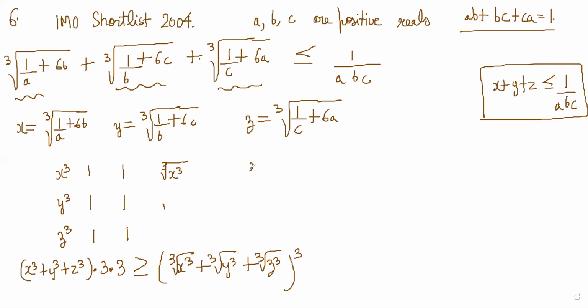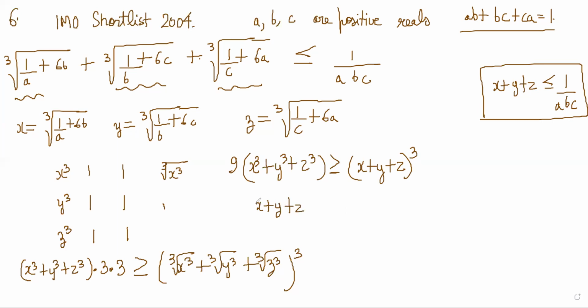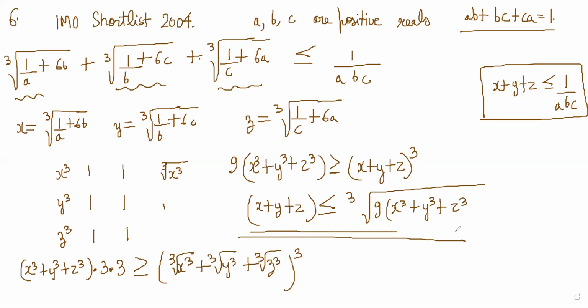So basically x cube plus y cube plus z cube multiplied by 9 is greater than or equal to (x plus y plus z) whole power 3, right? So x plus y plus z is less than or equal to the cube root of 9 times (x cube plus y cube plus z cube). This is the inequality we have gotten from Hölder's.